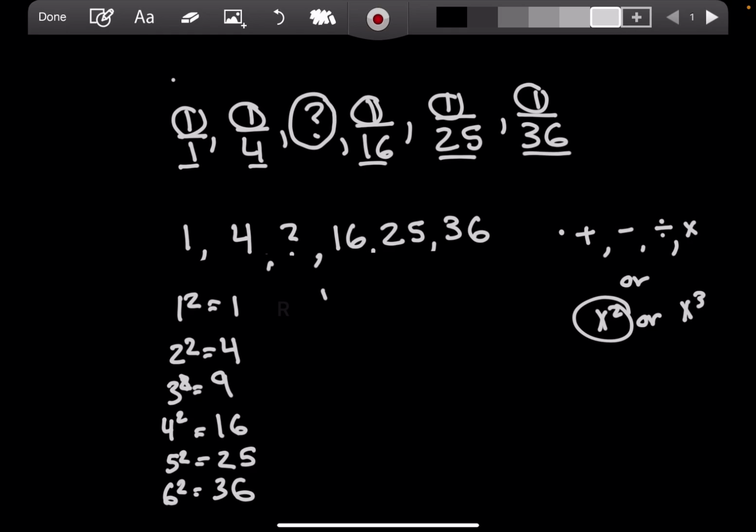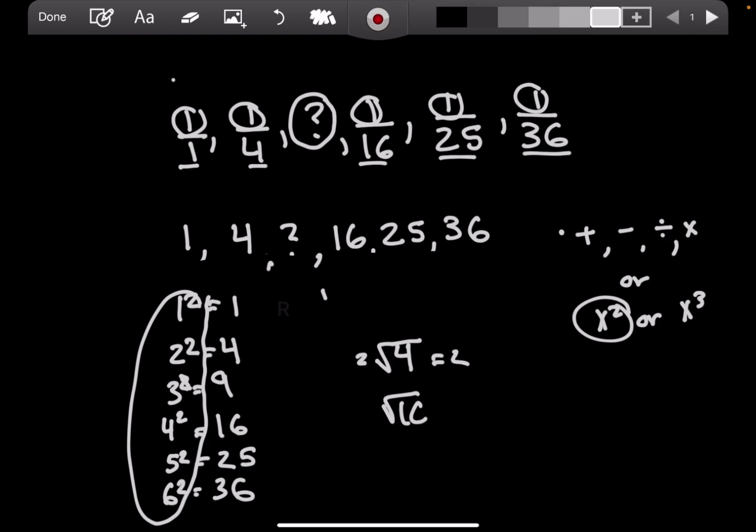So you don't necessarily have to have these specifically memorized, but if you did the square root of 4, you'd know that's 2, or if you did 16, you would know that that is 4, and then same thing with 25, that you would know this is 5.